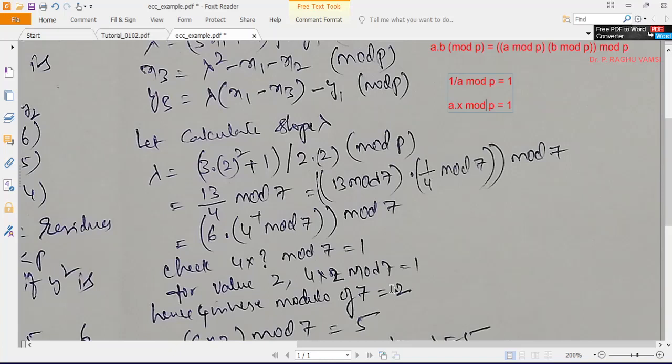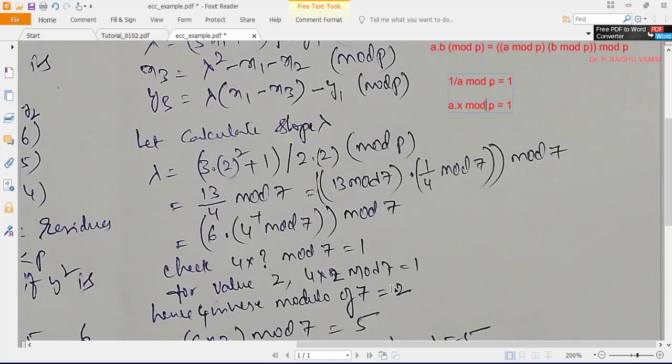That is the reason there is a standard algorithm available, called the Euclidean algorithm or extended Euclidean algorithm, that you apply when computing with big numbers. Since these are very small numbers, up to 17, 23, at this level you can do it with calculators.